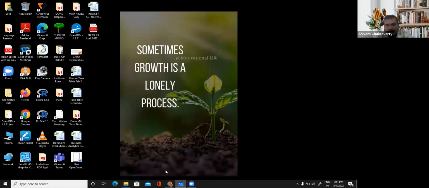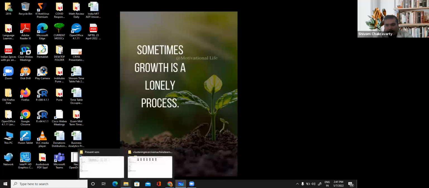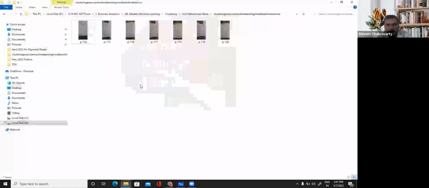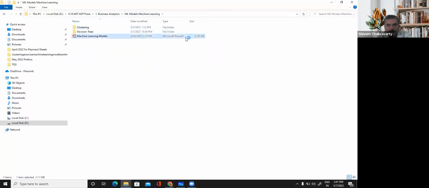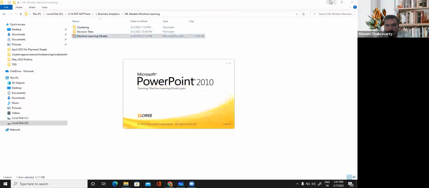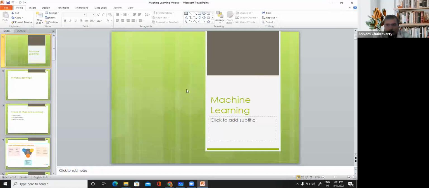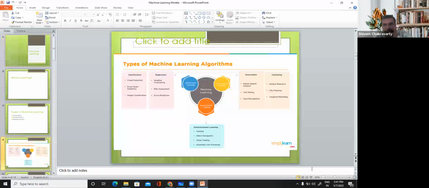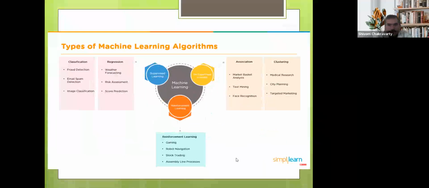So basically, these models fall under three categories. What are the types of machine learning? Do you recollect types of machine learning? Supervised, unsupervised, and reinforced learning. Yes, this slide we discussed.